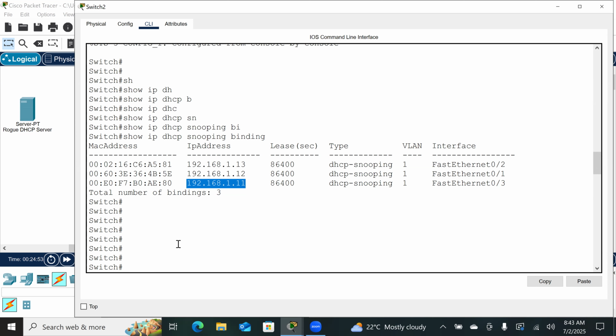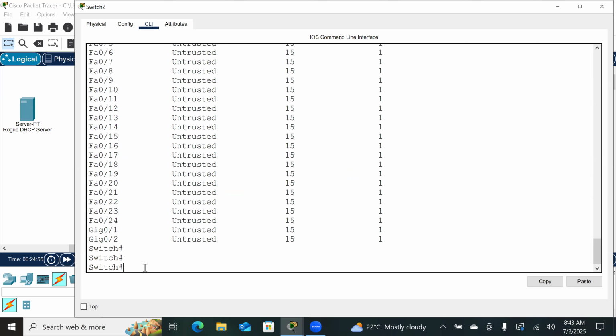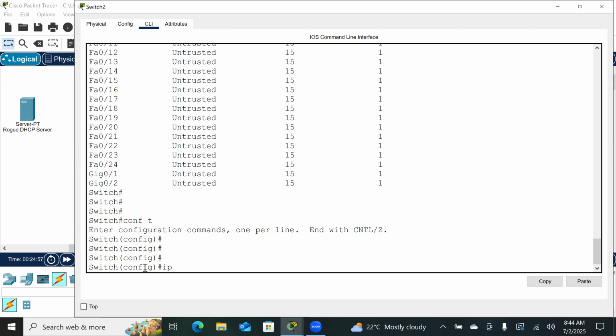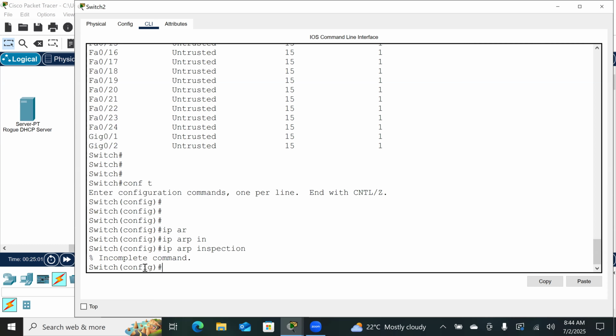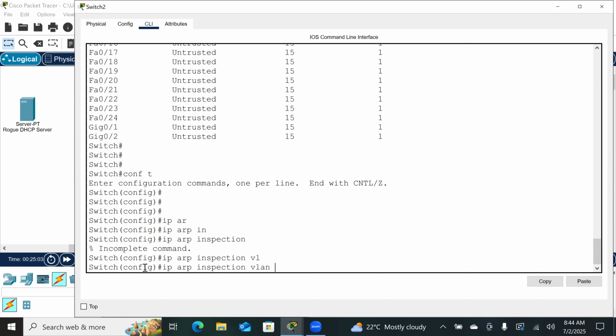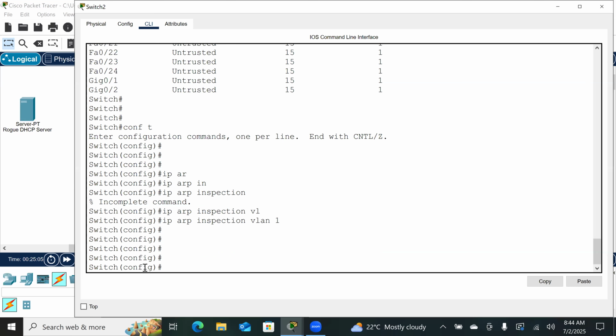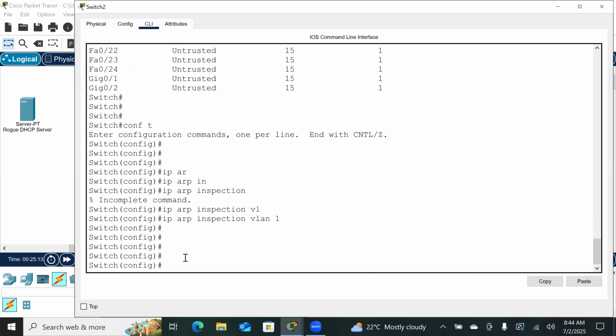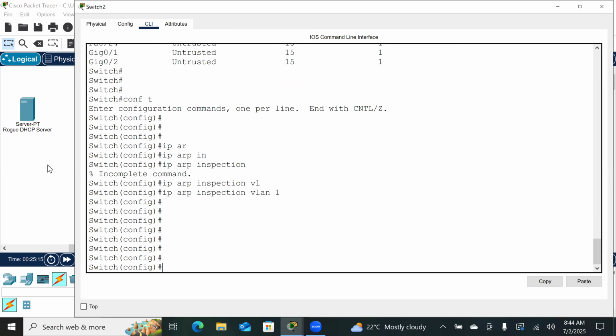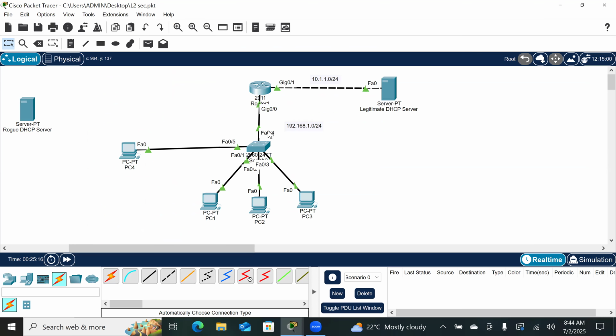Okay, so you need to enter what? You need to say ip arp inspection. Sorry, you have to give it for VLAN also, VLAN 1. Okay, so now it's going to stop all this kind of attack, I mean, already all the interfaces are untrusted ones. Okay, now you have to say which one is a trusted one. Fast Ethernet 0/4 should be the trusted one.